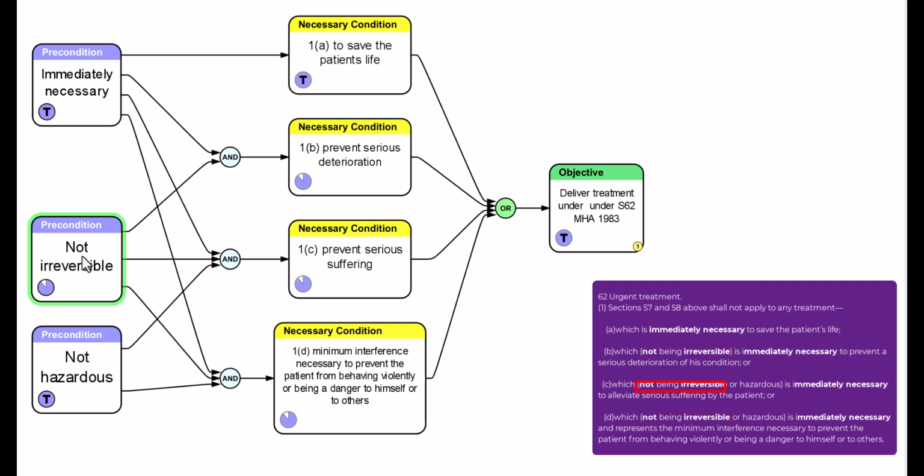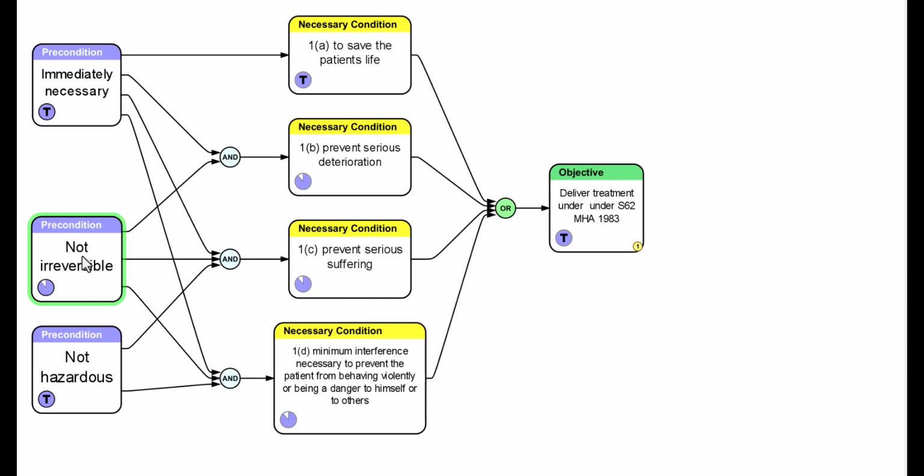But if it is not irreversible, this is not advice on what is not irreversible. I'm not here to list all the not irreversible situations. I'm explaining the law, and it is for each approved clinician or responsible clinician to ensure that they know that the intervention or treatment that they're going to provide is not irreversible.